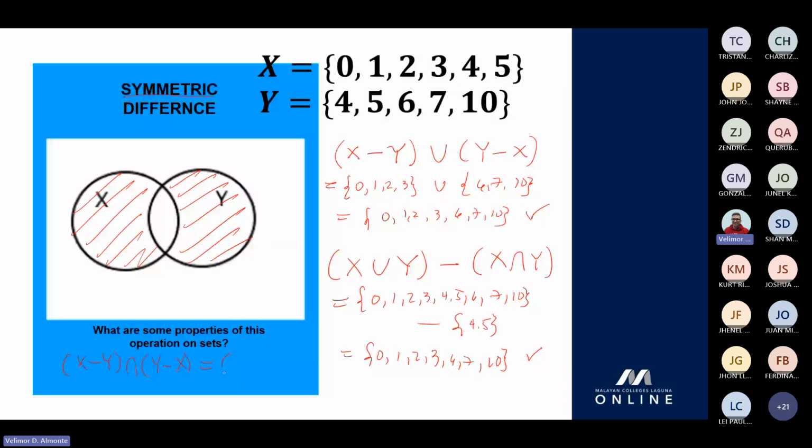These are sets with no elements in common, called disjoint sets. Correct? Because they do not meet in the overlap. So the intersection is empty, nothing. Other questions?